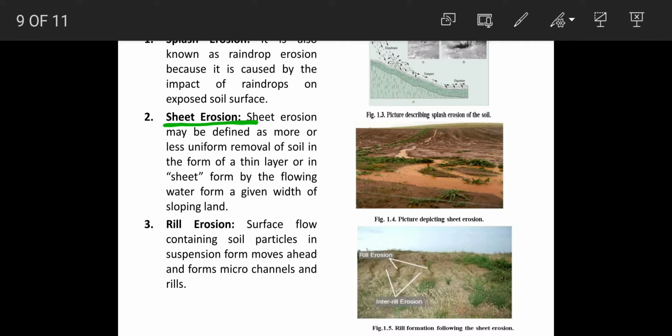Sheet erosion may be defined as the more or less uniform removal of soil in the form of a thin layer or sheet formed by flowing water from a given width of sloping land. That is called the sheet erosion.